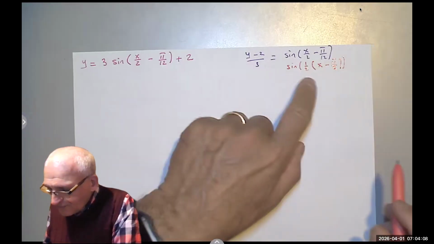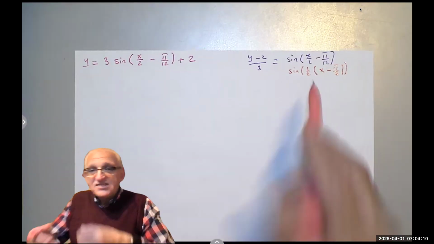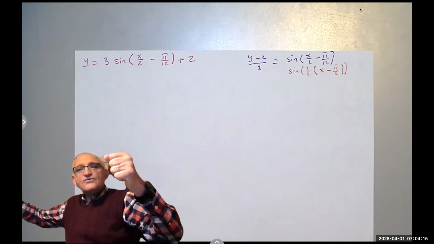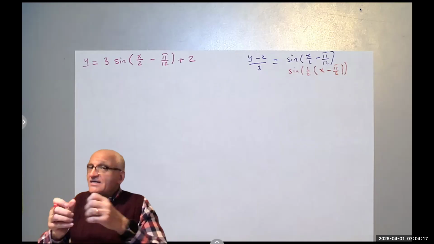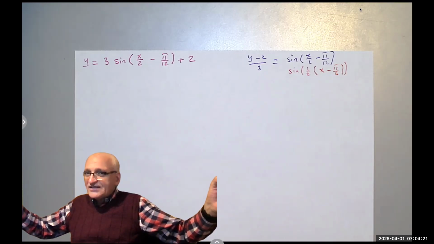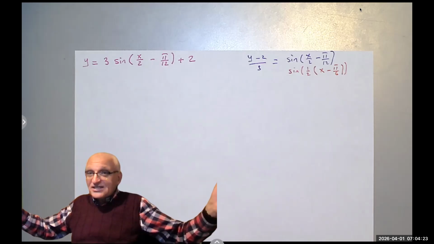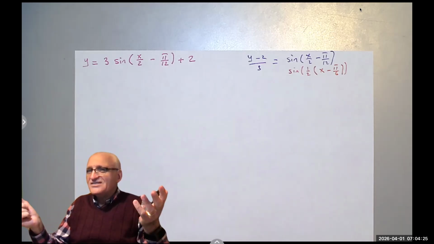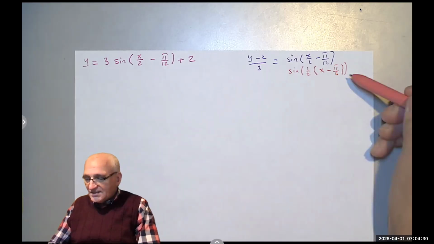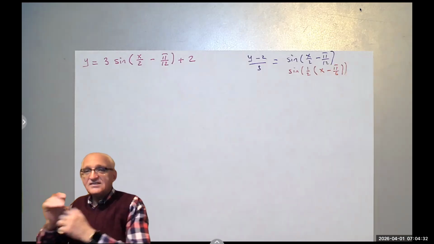So if I want to go from this to x, I will stretch first and then move to the right pi over 6. So you either move to the right only pi over 12 and then stretch by a factor of 2, or stretch by a factor of 2, but in this case, you have to move by double the amount, pi over 6 instead of pi over 12.